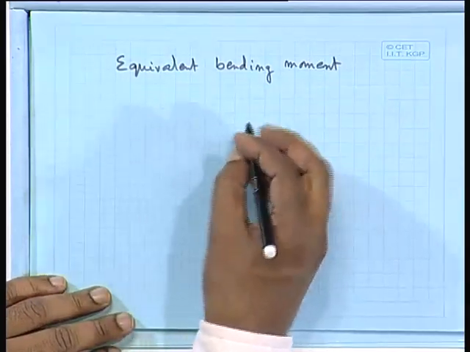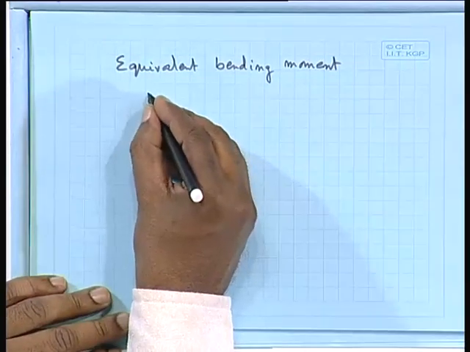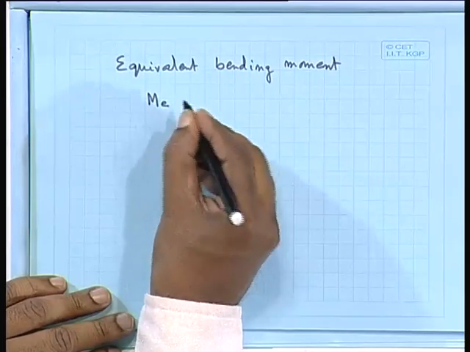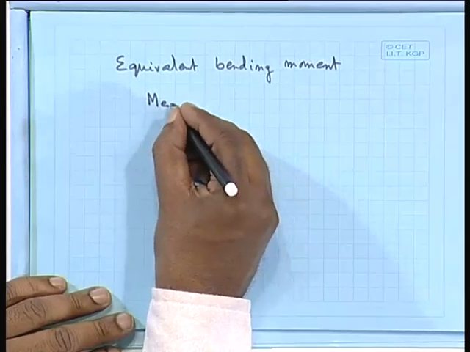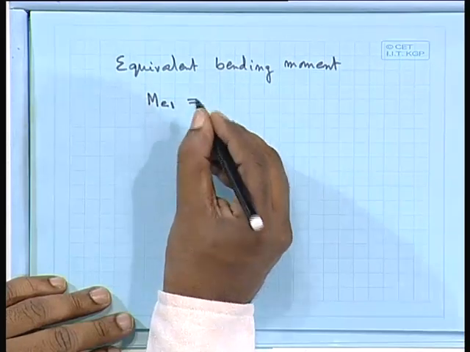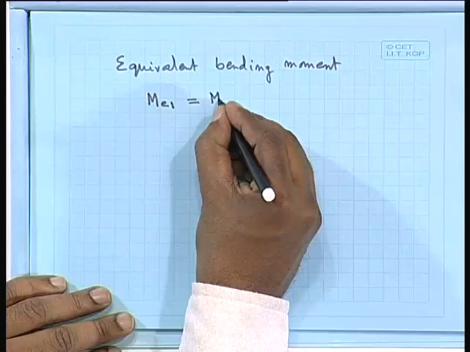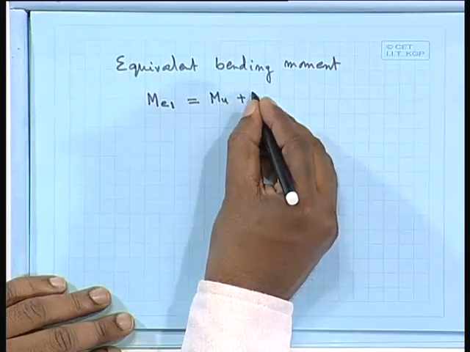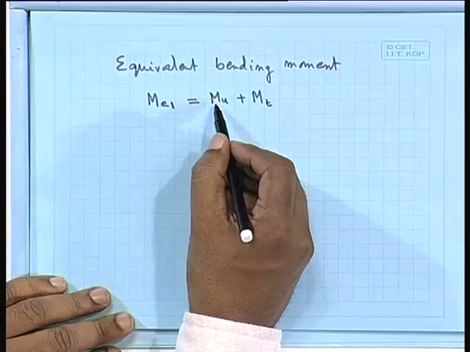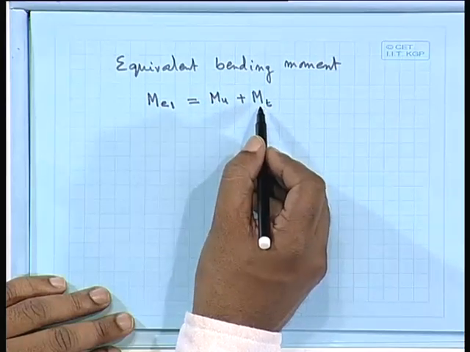So I can write down ME1 equal to MU plus MT. This is for the applied load and this is for the torsion.